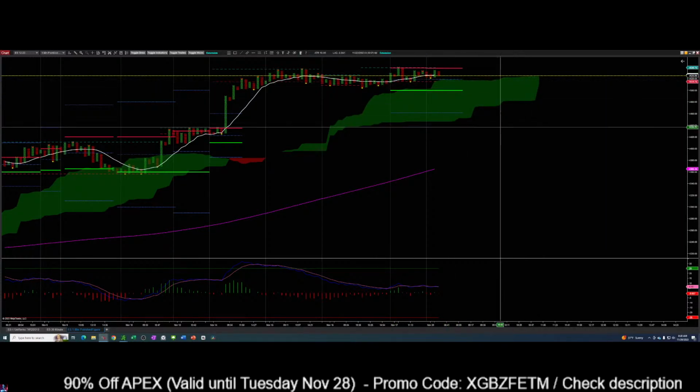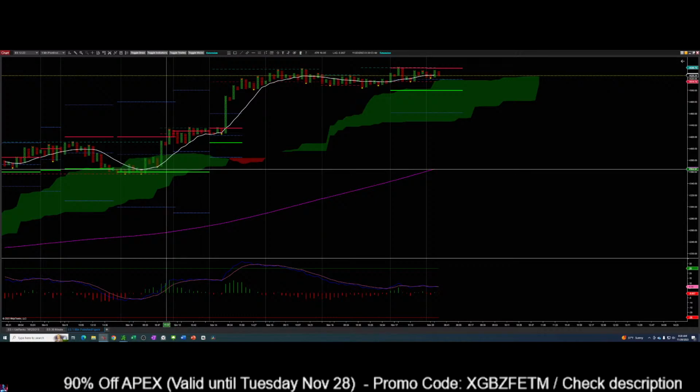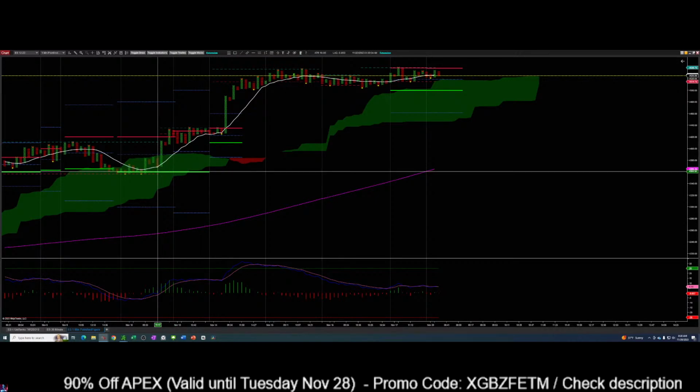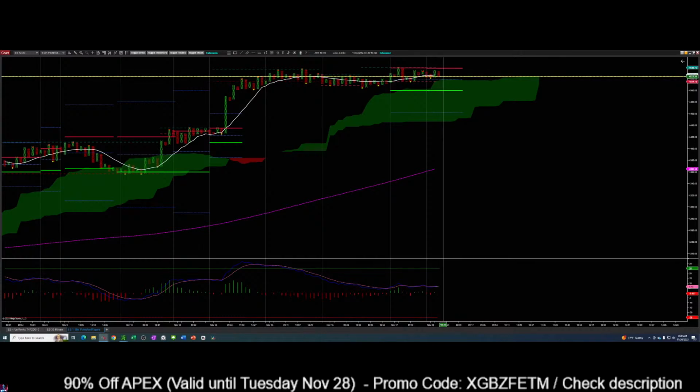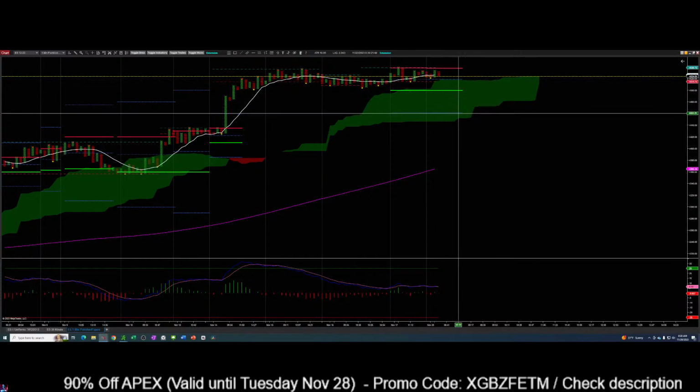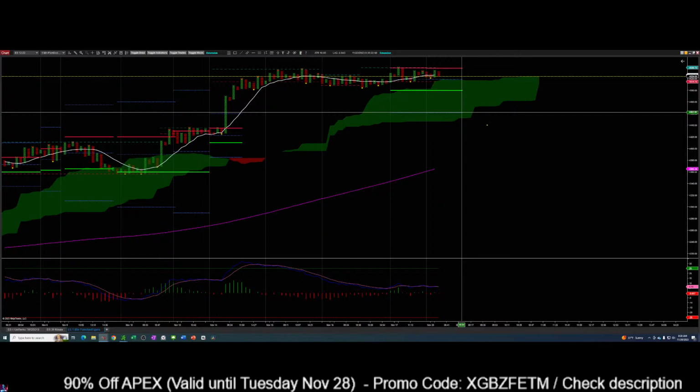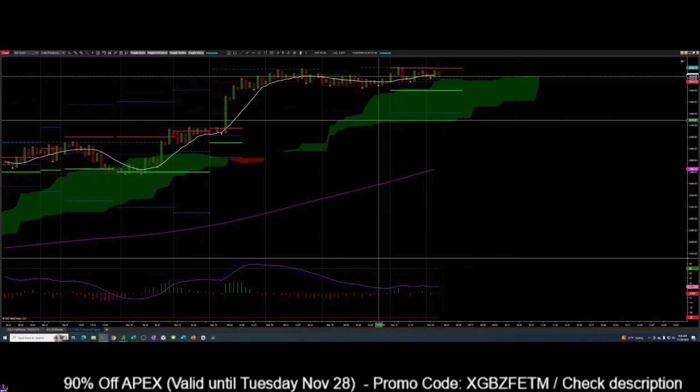This one is holding, and since we are moving up, then ranging here, I would expect a break to the upside since it's holding this level. We are above the Ichimoku cloud right here. So if it's going to break into lower levels, I would like to see it really breaking this 4,500 level to the downside.